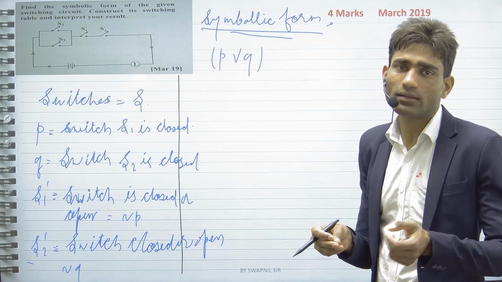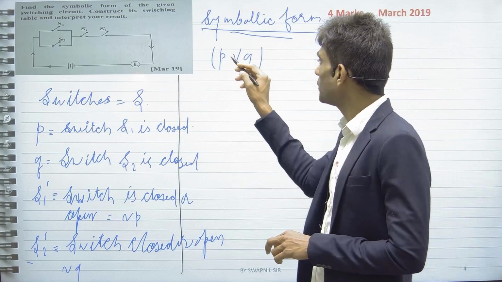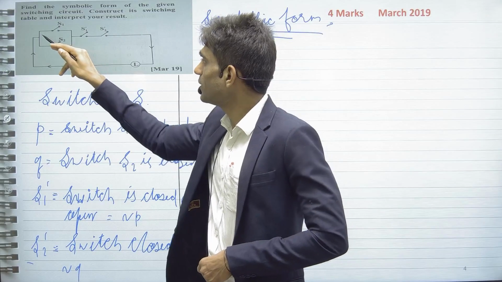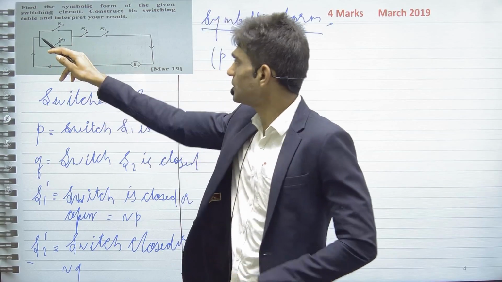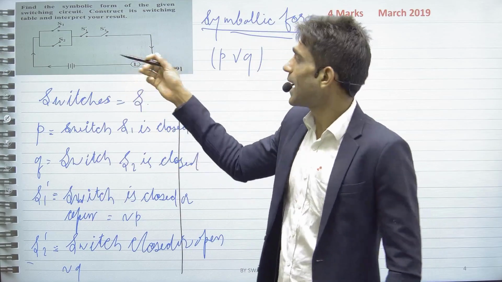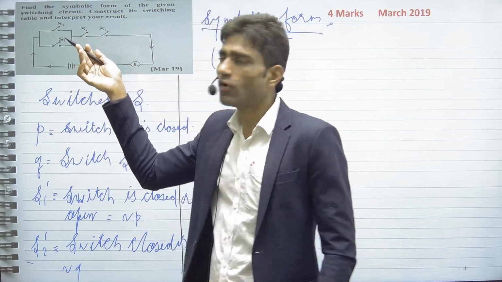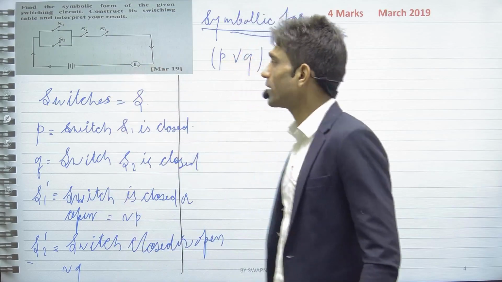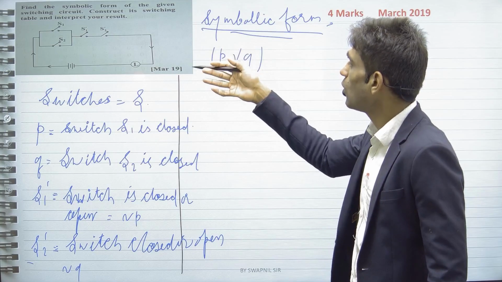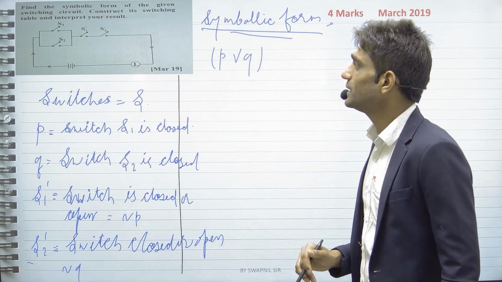So we use the OR sign here for the 2 different switches. If the first switch is on, then the lamp can glow. If the second switch is on and the first is off, then also the light can glow. So current can flow when one of the switches is on.